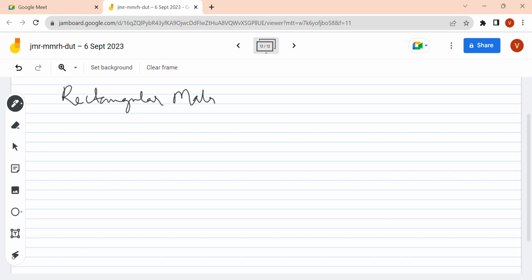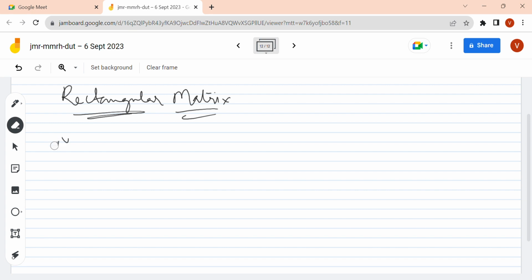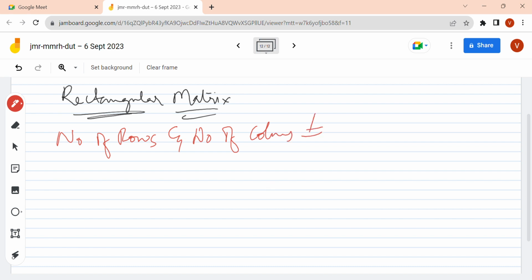Rectangular matrix. What do you mean by rectangular matrix? It is nothing but the number of rows and number of columns is not equal to 1, and you need not have a second condition.